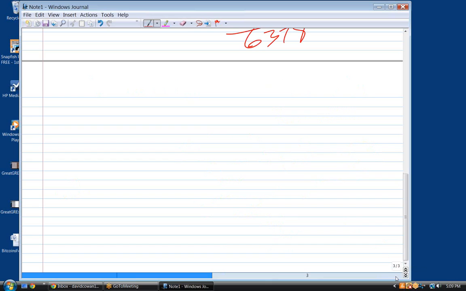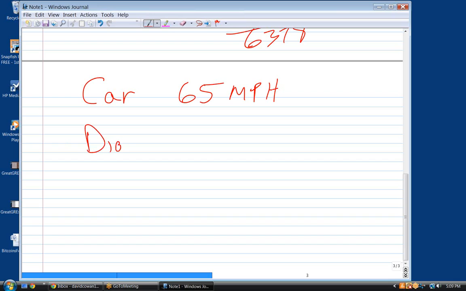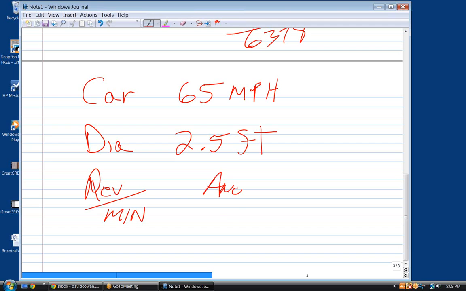If the car is moving at a rate of 65 miles per hour, and the diameter of its wheels is 2.5 feet, find the revolutions per minute the wheels are rotating, and find the angular speed of the wheels in radians per minute.